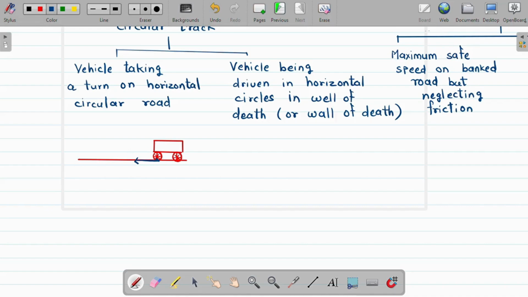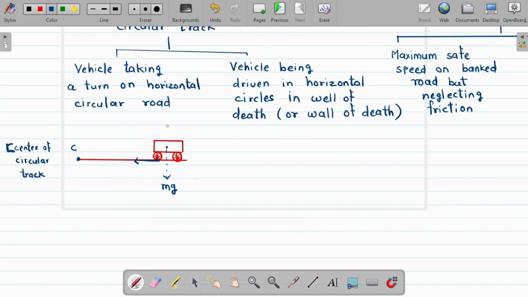So let us say this is C, which stands for the center of the circular track. Let this be the center of mass of the car which is being driven on that horizontal circular track. Obviously, its weight mg acts in the vertically downward direction.